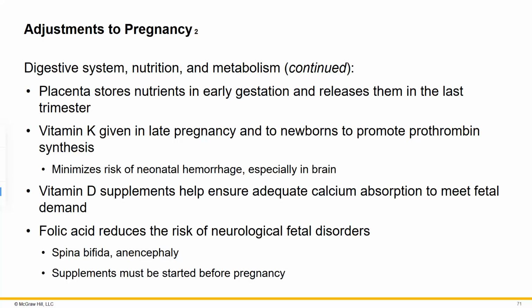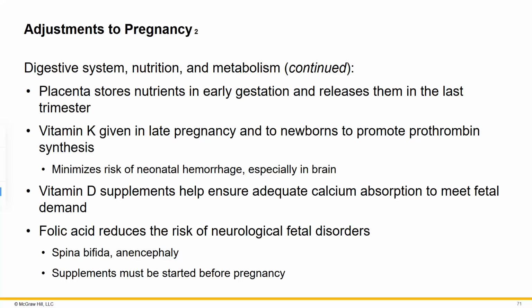Digestive system, nutrition, and metabolism continued. The placenta stores nutrients in early gestation and releases them in the last trimester. Vitamin K is given in late pregnancy and to newborns to promote prothrombin synthesis, which minimizes the risk of neonatal hemorrhage, especially in the brain.